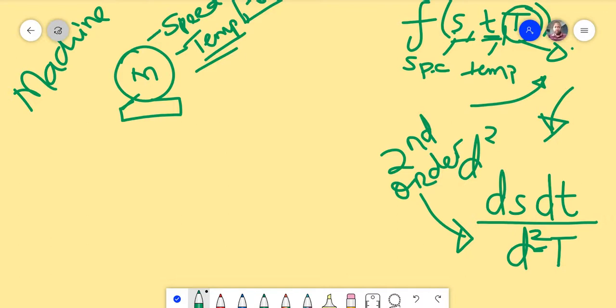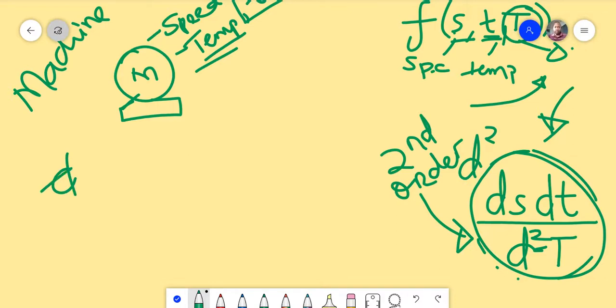Sometimes you might have the same quantity but taking it twice, like, for example, if you take speed. But before I go into that, let's talk about the order of a differential equation.